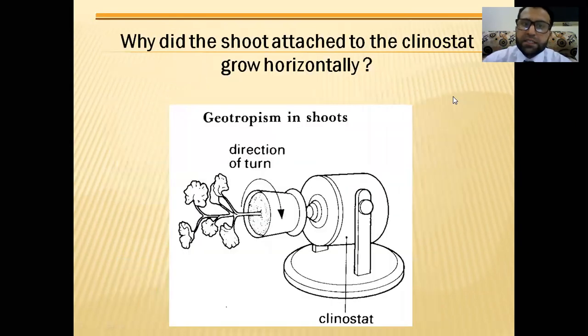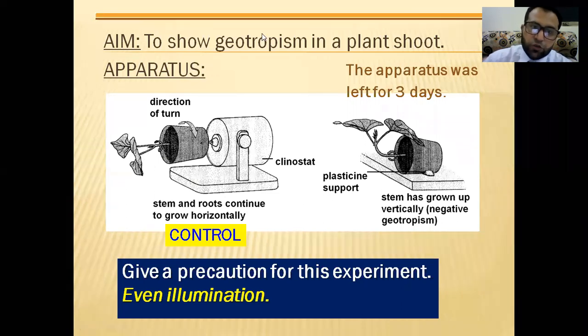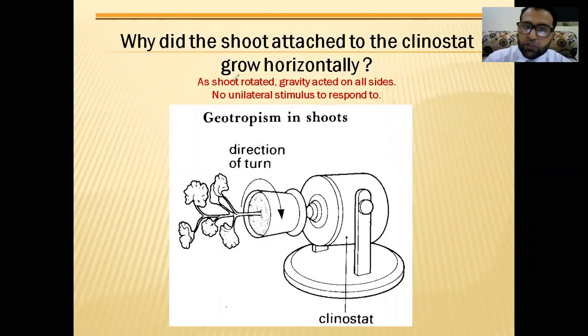Now, why did the shoot attached to the clinostat grow horizontally? Why did this shoot grow horizontally? So I told you already that as the shoot rotated, gravity acted on all the sides.